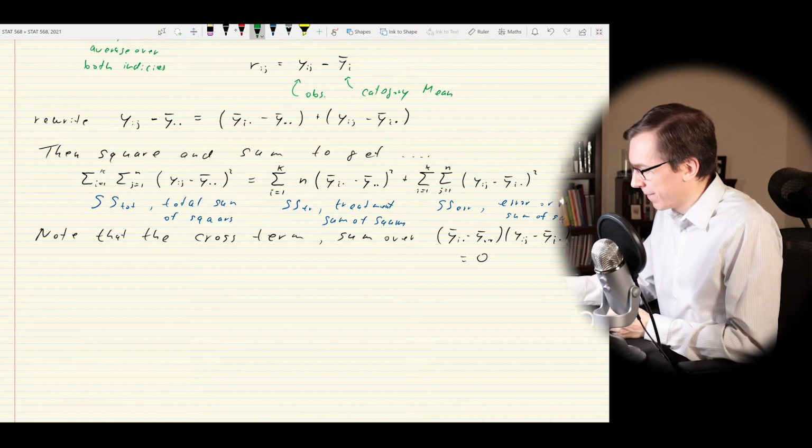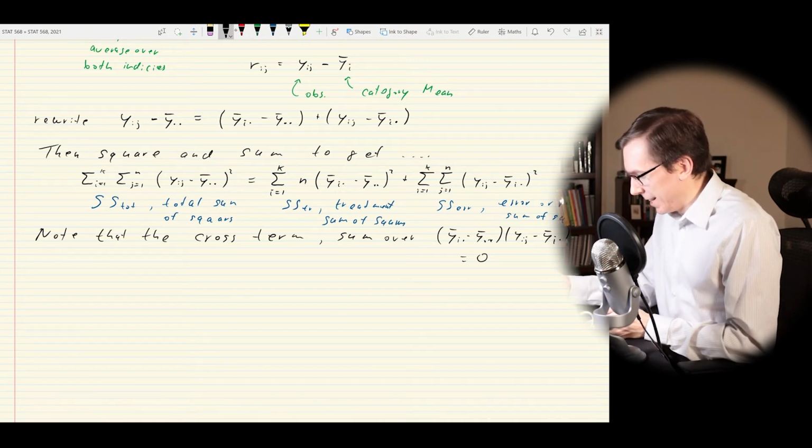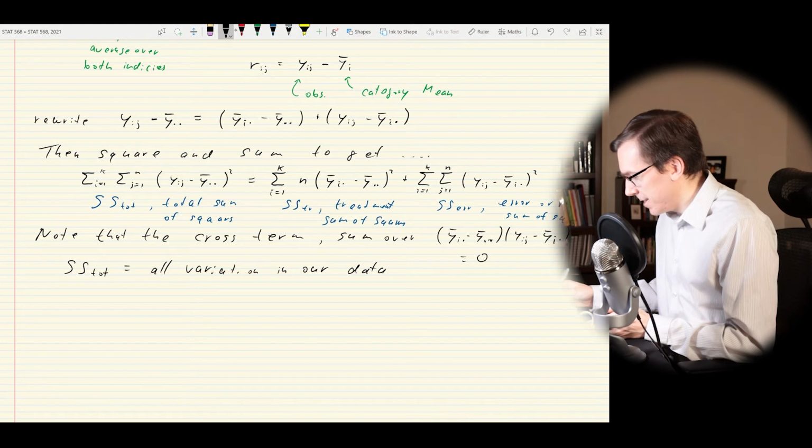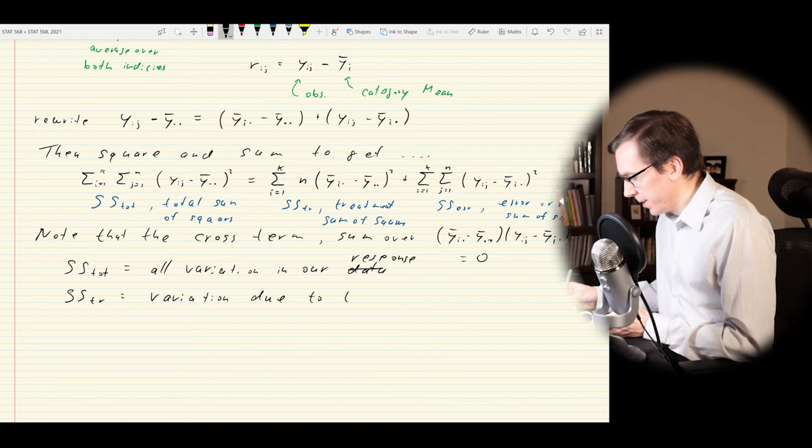So SS tot is going to be all variation in our response variable, to be precise. SS treatment is going to be variation due to the treatment.